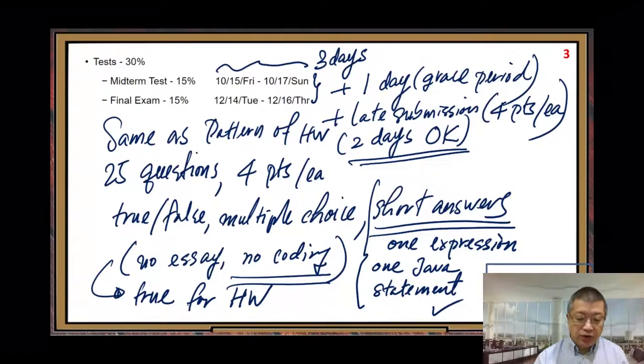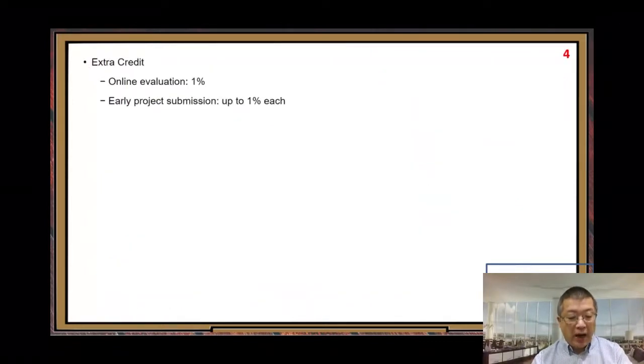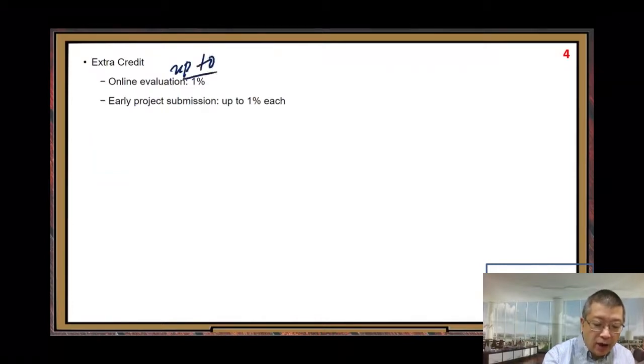So that's pretty much the main information I like to give you. At the end, I want to talk about extra credit. You have 2 types of extra credit. The first type, online evaluation, you can earn up to 1%. How to get that?